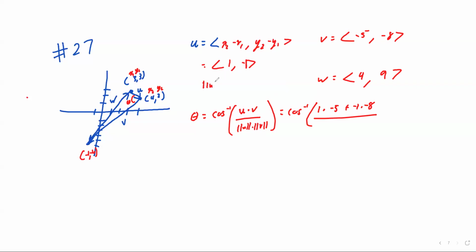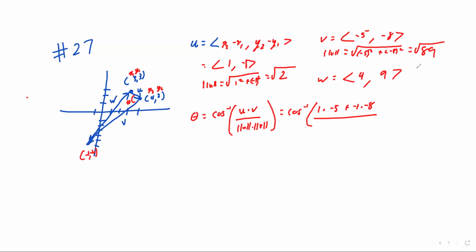So the magnitude of U would be the square root of 1 squared plus -1 squared. So that'd be 1 plus 1, which is 2. Magnitude of V would be the square root of -5 squared plus -8 squared. So I gave you 25 plus 8 times 8, 64. 25 plus 64, would that be 89?